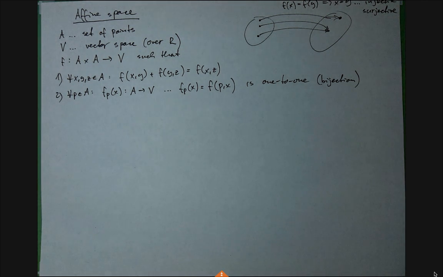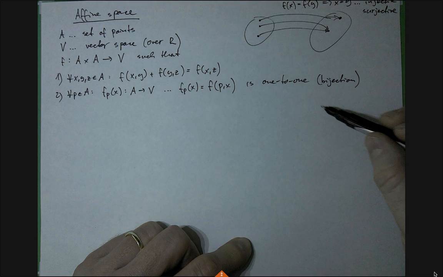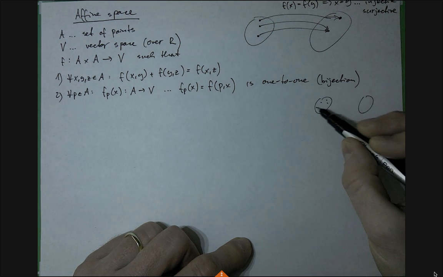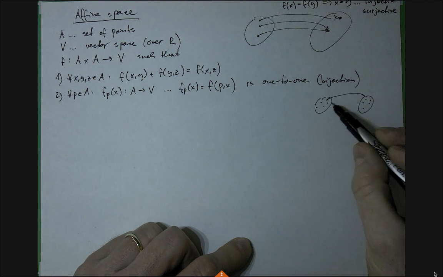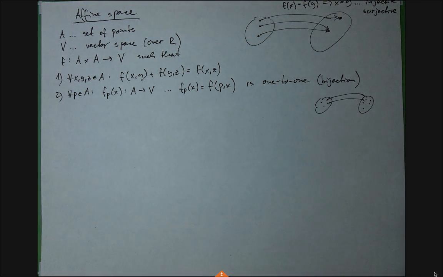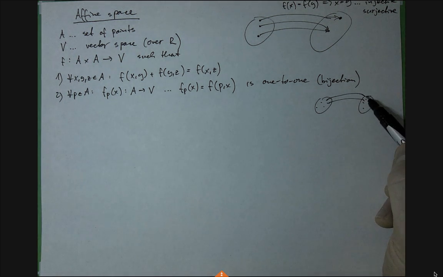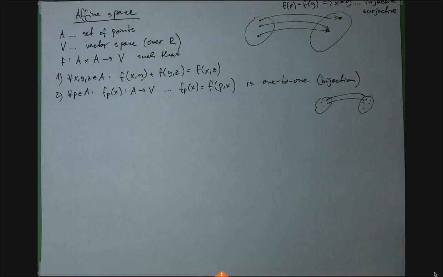So more intuitively, it means that if I have a bijection between two sets, the function gives me a one-to-one mapping between the sets. Okay? So for every element here in the source, I can find exactly one in the image, such that the function maps the source to the image, and the other way around. So I can also invert the function and go from the target to the source.